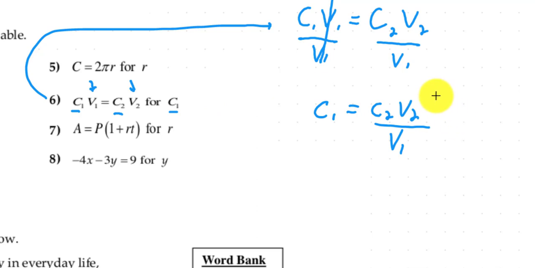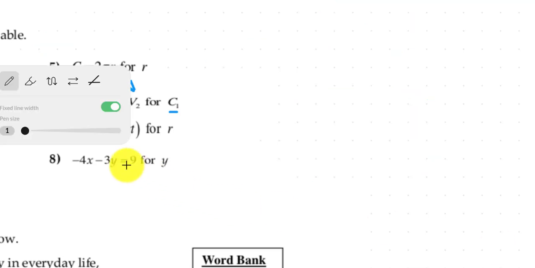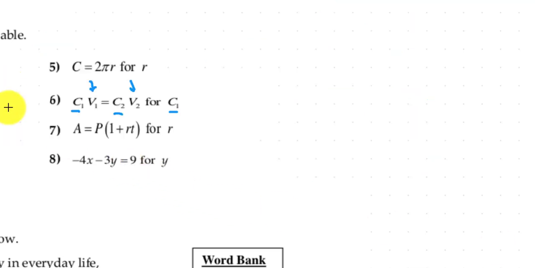Okay, so we can't cross out the V2 and V1 because they're not the same, and we would just leave our final answer like this. Okay, I'm going to do number 7, and again, if you want to pause the video for a second to make sure you're good with number 6, I will rewrite number 7 up here somewhere. Okay, so let's try number 7. I'm going to rewrite that now up here.